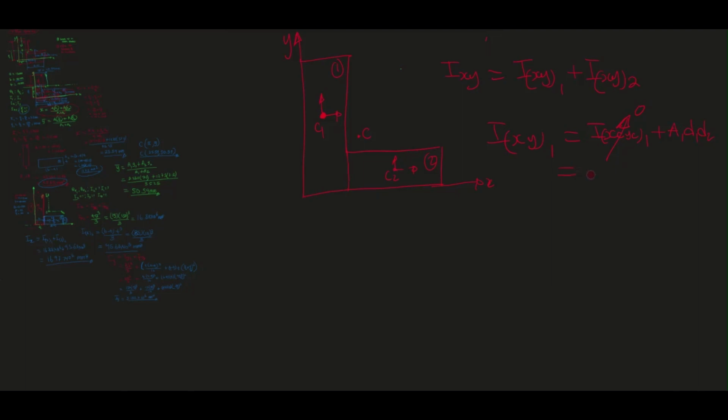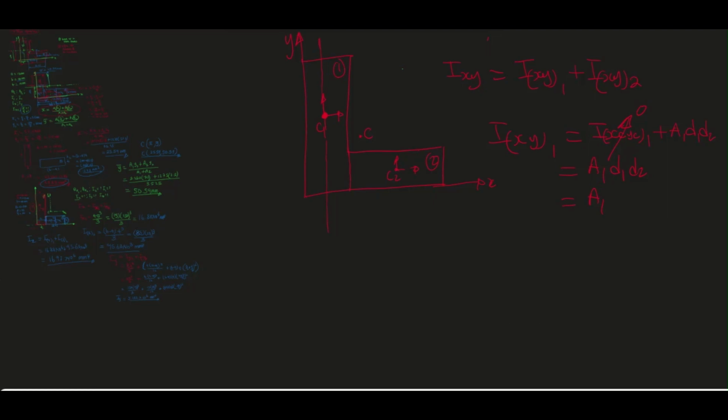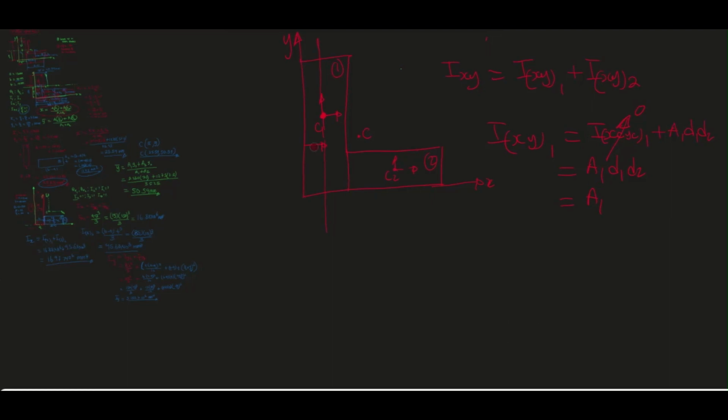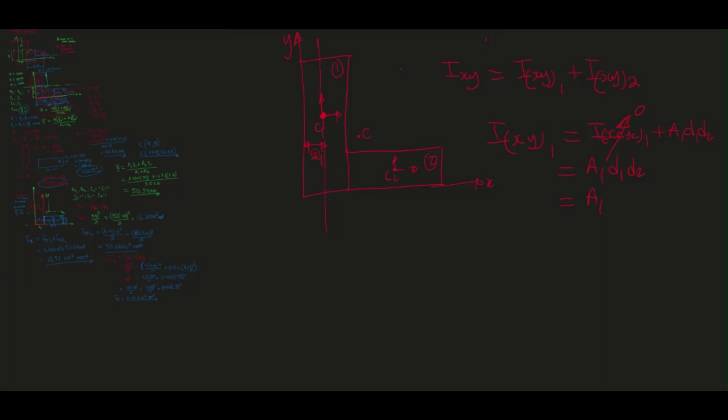And we are just left with A1, d1, d2, where distance 1 and distance 2 are simply, what is d1? I can name d1 as the position of the centroid of shape 1 from the y-axis, so which is x bar 1.